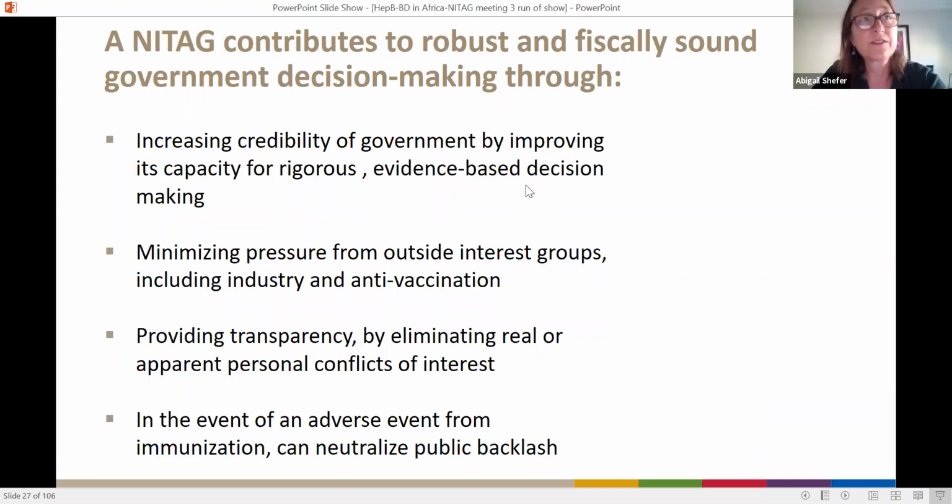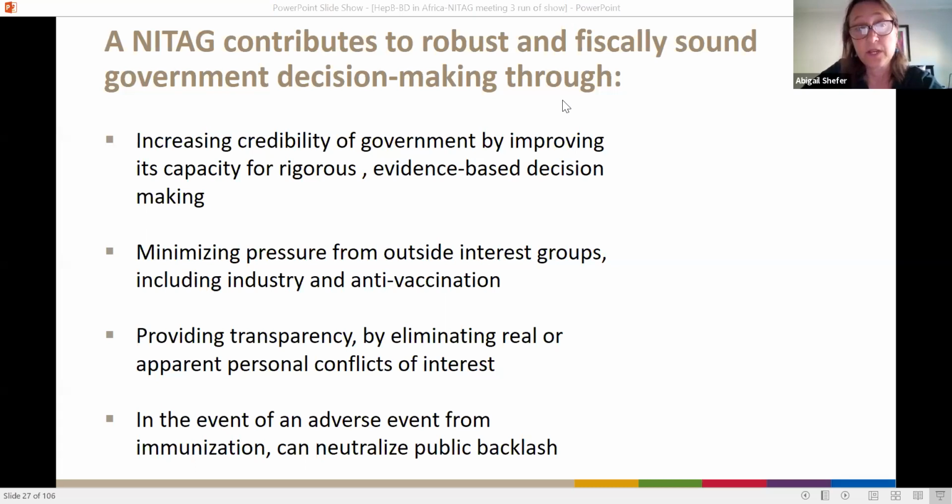Great. So here I just wanted to summarize that NITAGs make really important contributions. So a NITAG contributes to robust and fiscally sound government decision-making through several ways. And it's just always good to really understand these so countries can advocate strongly for NITAGs. So by increasing credibility of the government, by improving its capacity for rigorous evidence-based decision-making, minimizing pressure from outside interest groups, including industry and anti-vaccination groups.